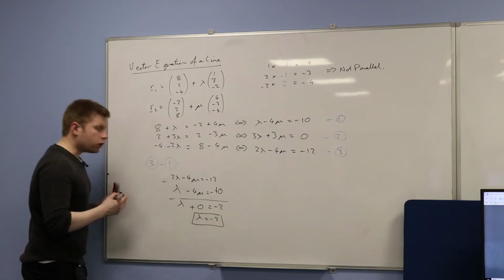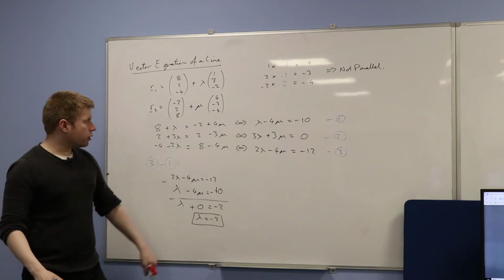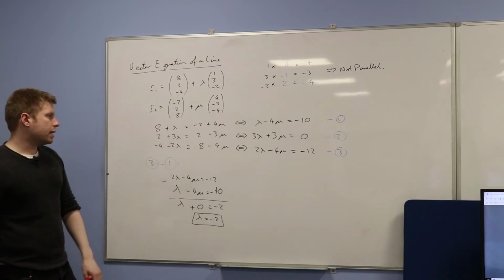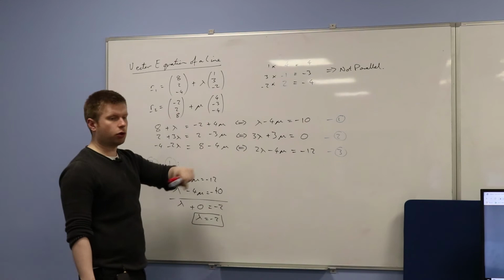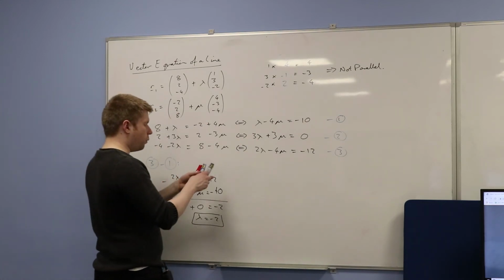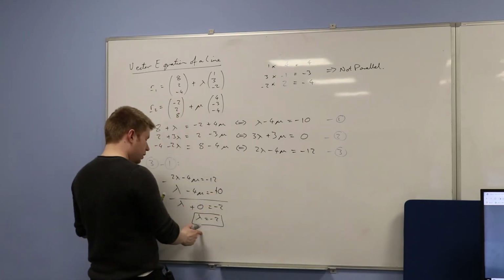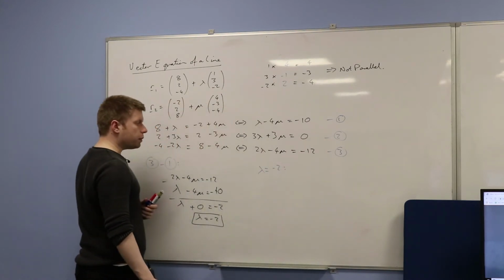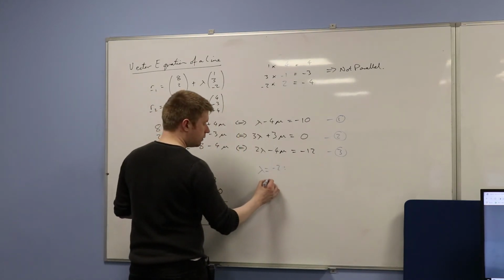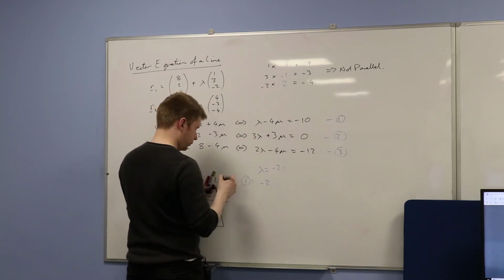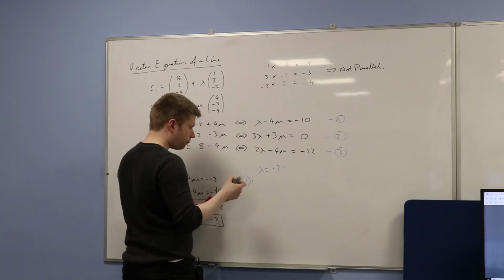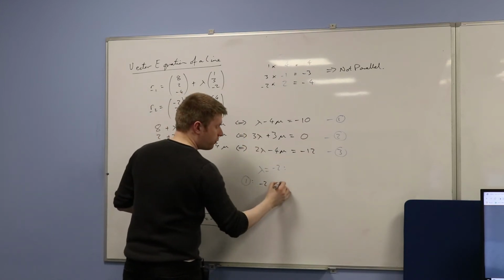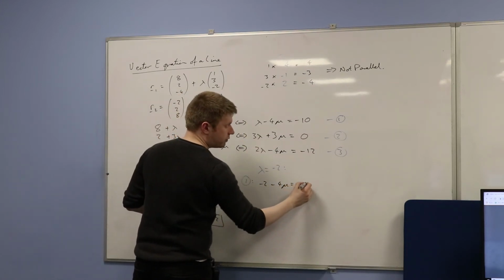Now I've got to check, so using lambda equals -2, let's use it in one of the other equations. Let's use it in equation 1 to find mu. If lambda equals -2, then using equation 1 I should end up with -2, that's my lambda, take away 4 lots of mu equals -10.